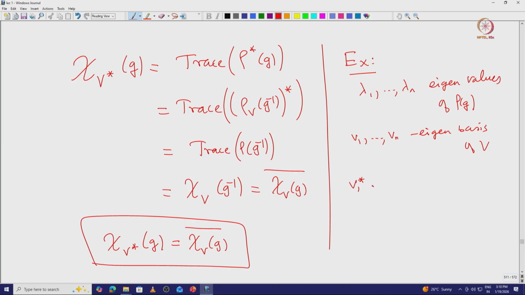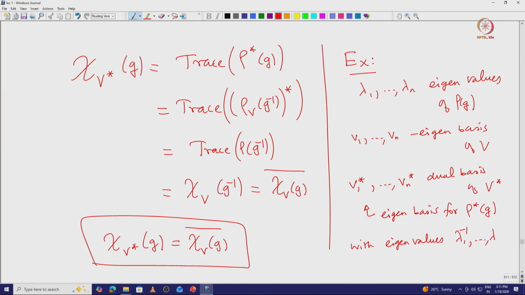Then we can talk about the dual basis v_1 star through v_n star. This is the dual basis of V star, and it is indeed an eigenbasis for the operator rho star of g, with corresponding eigenvalues being just the inverses, lambda_1 inverse through lambda_n inverse.